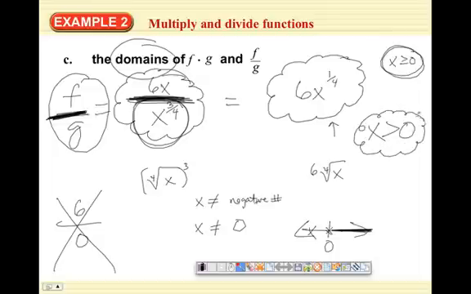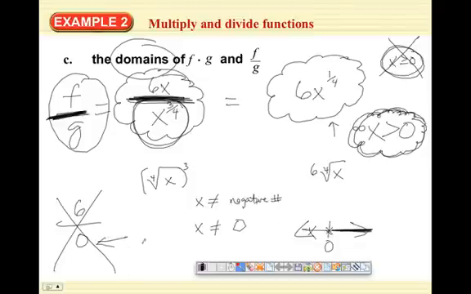That's your final answer. See, this answer doesn't apply. If you just looked at this, you would get this answer, which you're wrong. But if you look in the beginning, what could or couldn't x be in the beginning? It leads you to this answer. X has to be greater than 0. Because if it was 0, you'd be dividing by 0, which cannot happen.